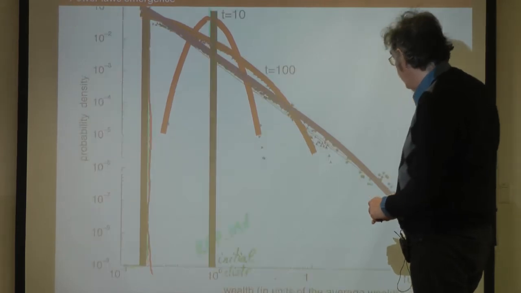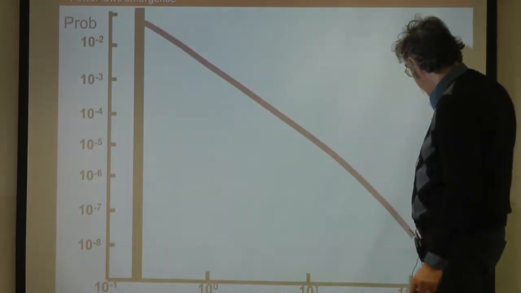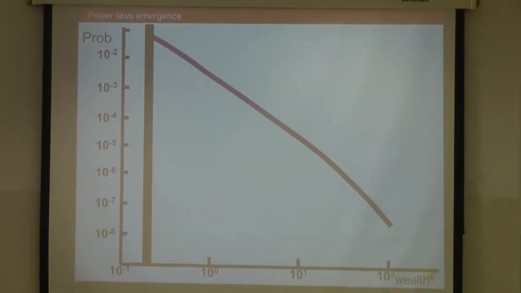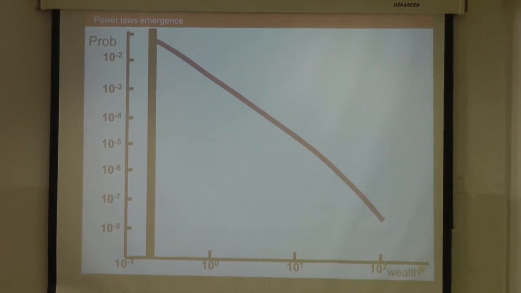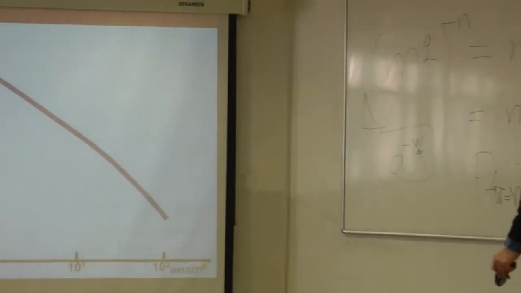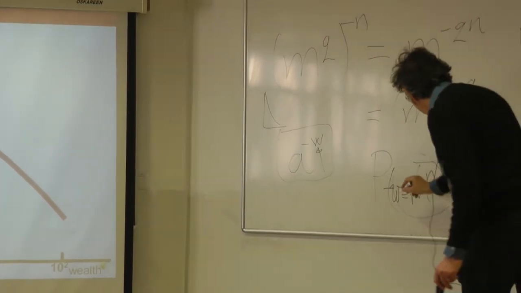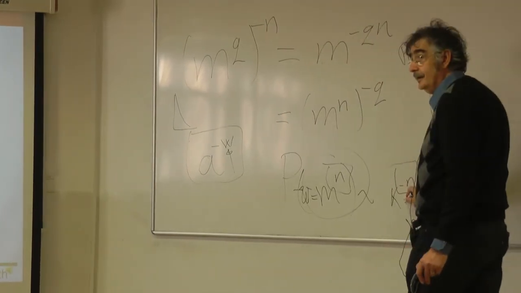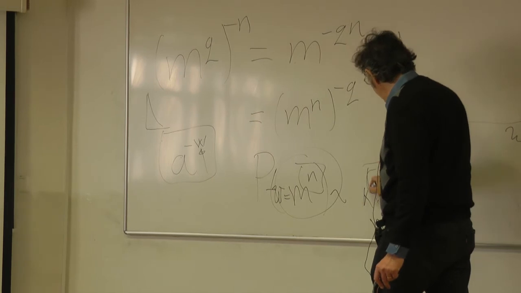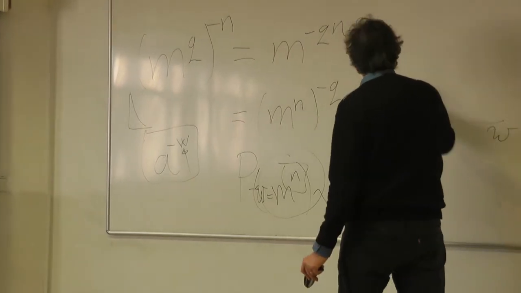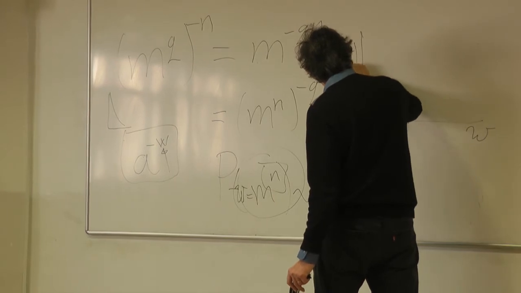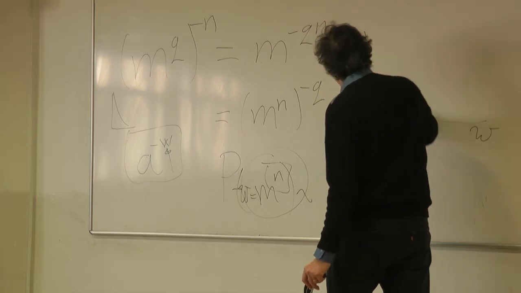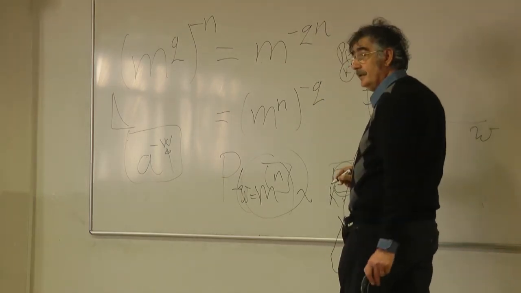Having a straight line like this means exactly that whatever appears here appears also here, the same exponent, because this is how I'm plotting. Formally I'm plotting W and P of W, which is k to the minus n, but on a scale such that the different powers of n are at equal distances.